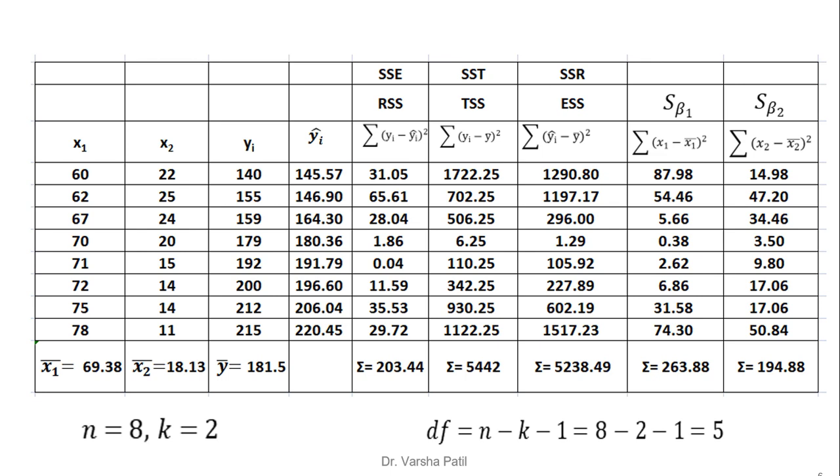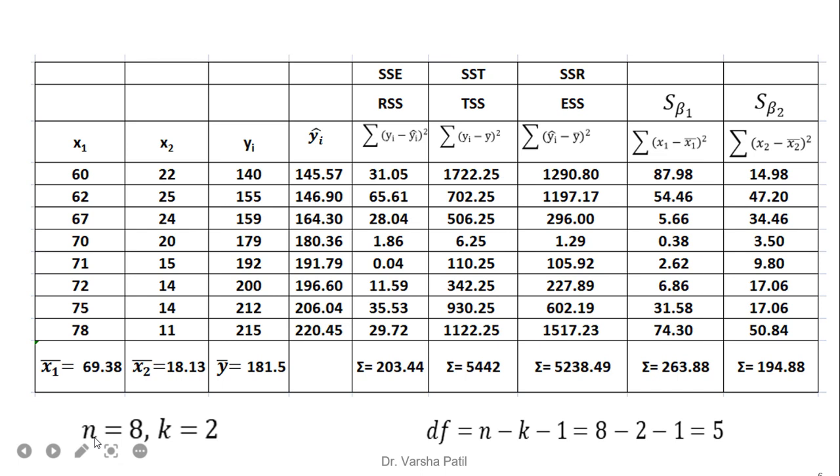We take the difference, square it and take the summation. And ESS is the difference between the predicted value and the average value. So we take the difference, square it and take the summation. And S beta 1 and S beta 2 are nothing but the standard deviations with respect to x1 and x2. This is the average of x1 values and this is the average of x2 values.